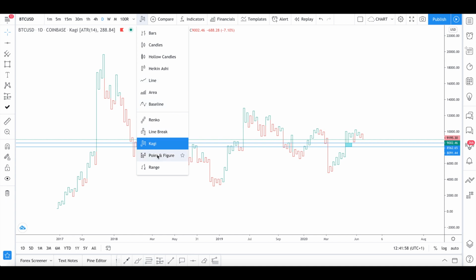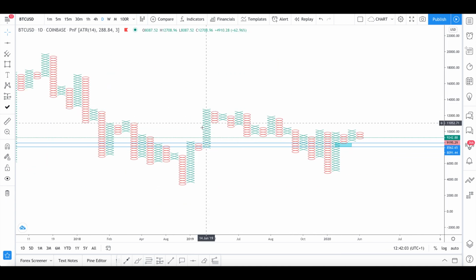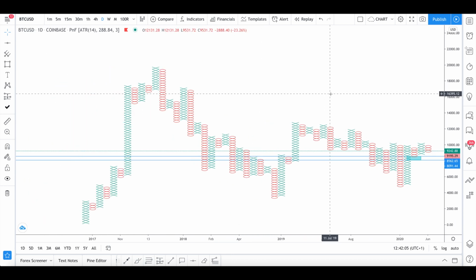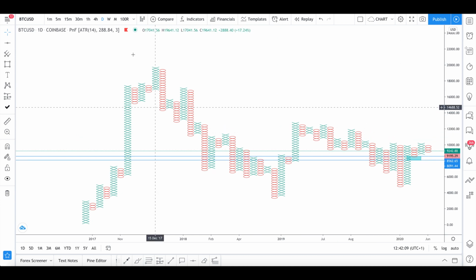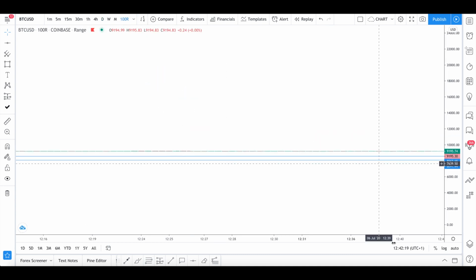Also there is the point and figure, which is basically just X's and O's to form a chart. This kind of chart didn't get used well by traders. There is the range chart finally.